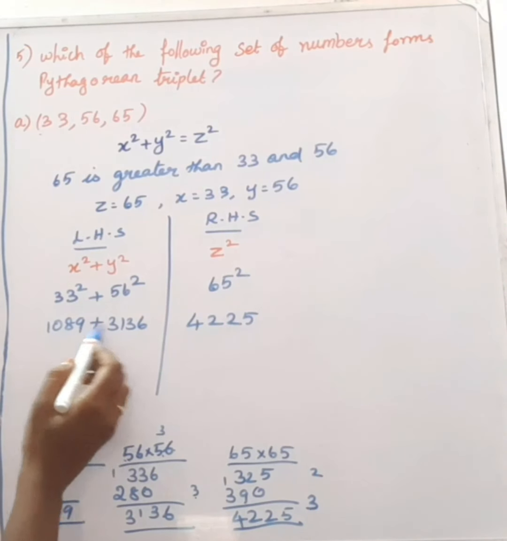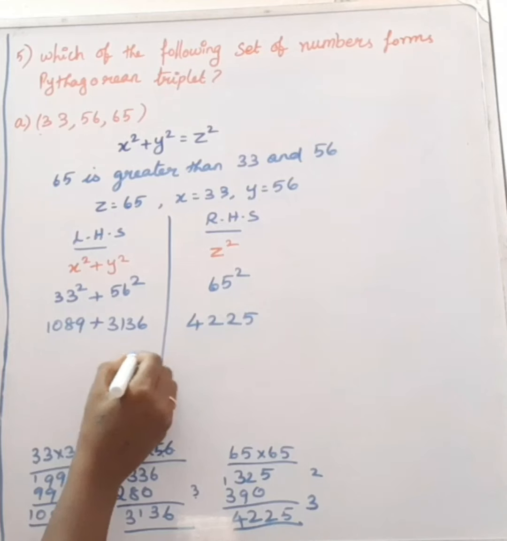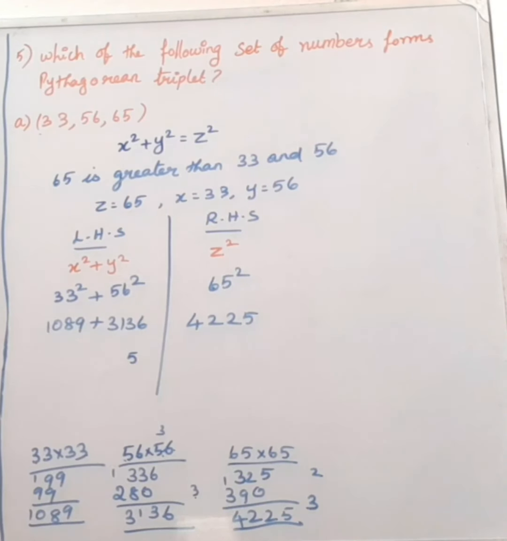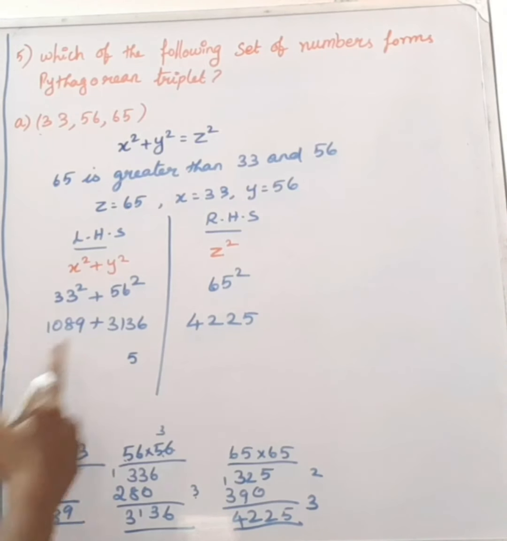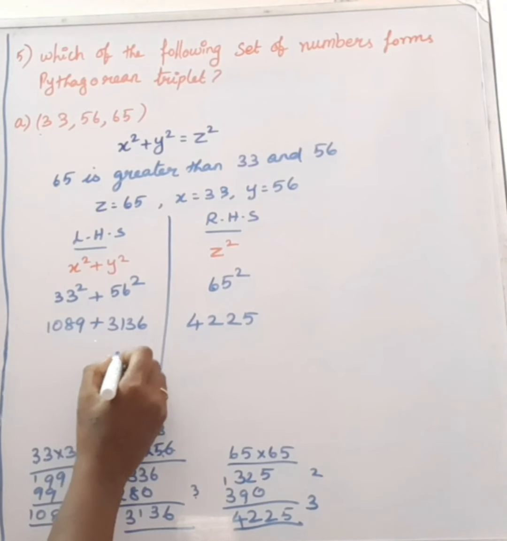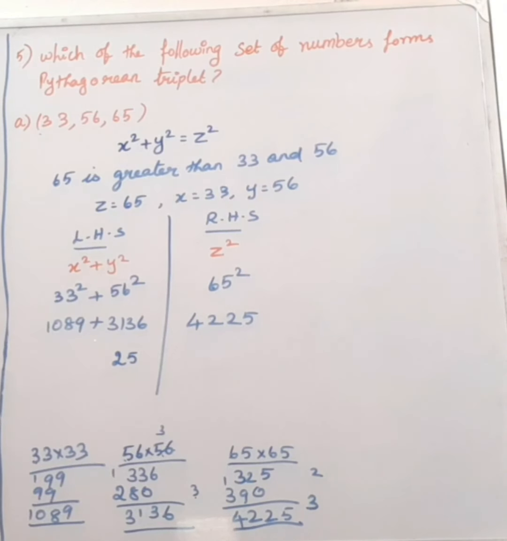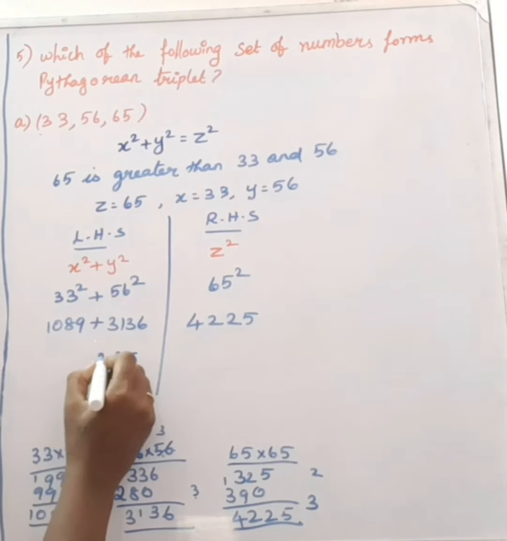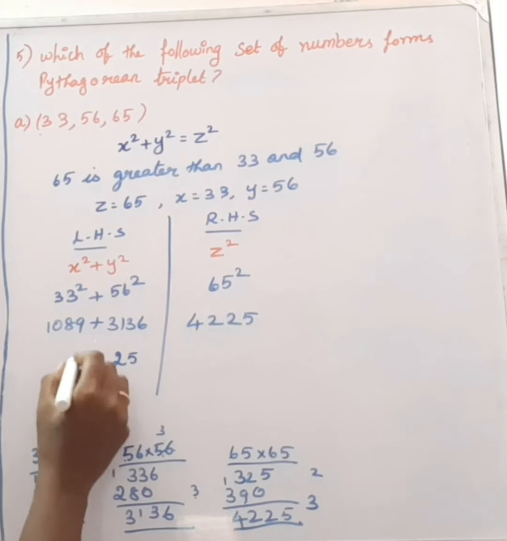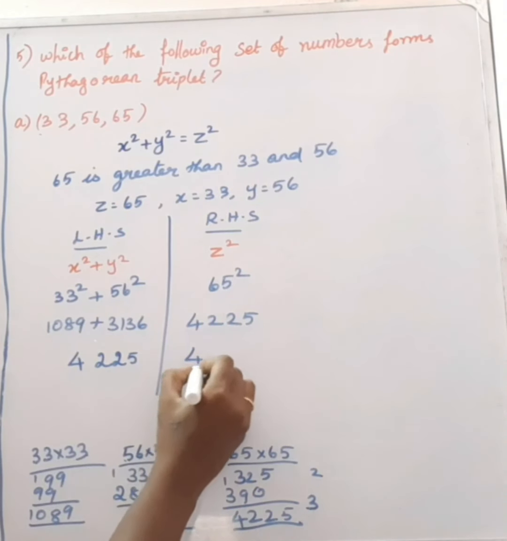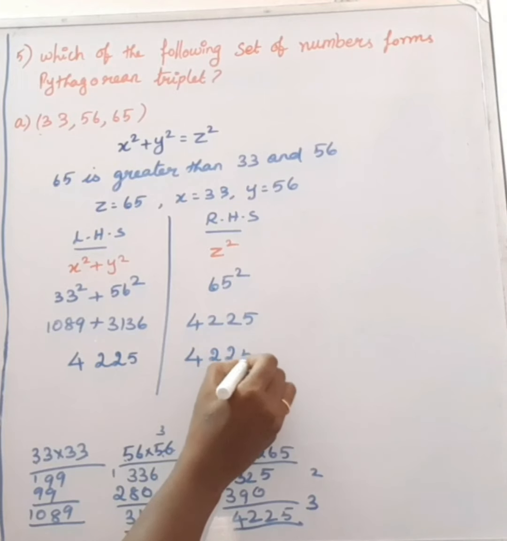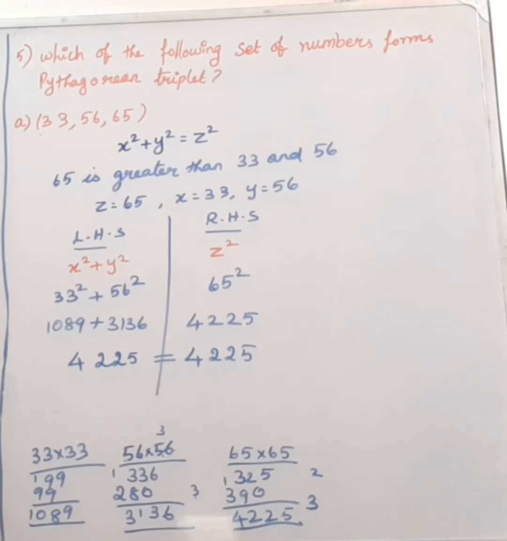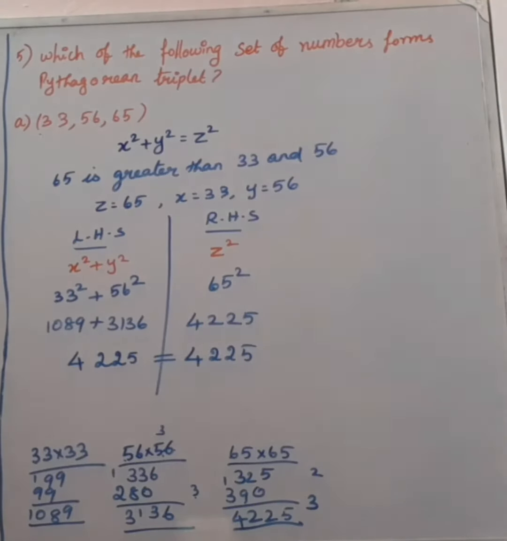What we get? 9 plus 6, 15. 5 remainder 1. 8 plus 1 is 9. 9 plus 3 is 12. 2 remainder 1. 1 plus 1 is 2 and 1 plus 3 is 4. So 4225 and 4225 are equal now. So both the answers are equal.